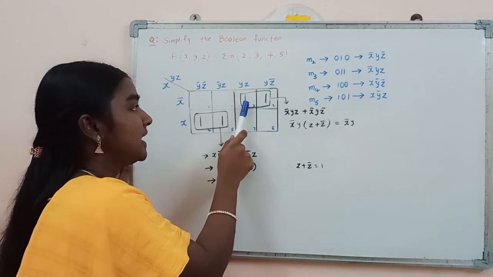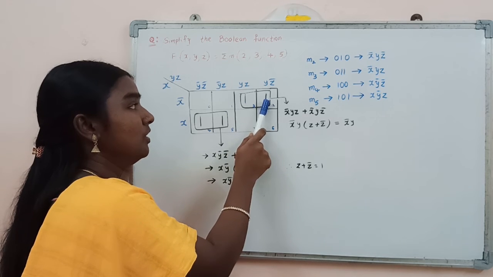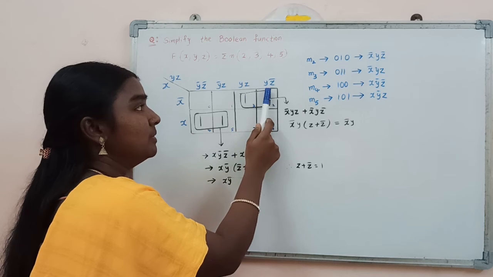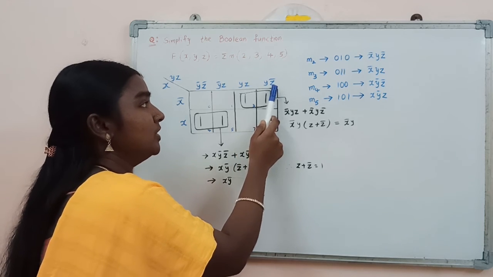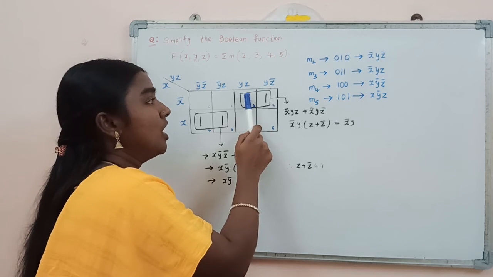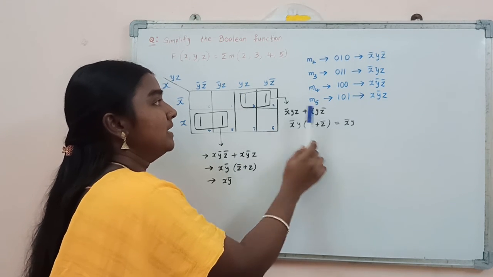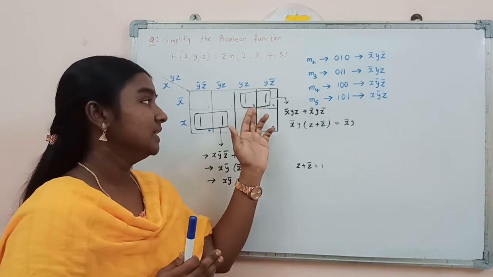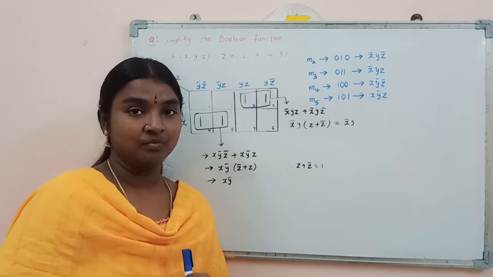Considering x bar as the common variable for this row, and in the third column and fourth column, the y variable will be common, while the z variable is changing from z to z bar. So the common variables are x bar and y. So the product term for this group is x bar y.